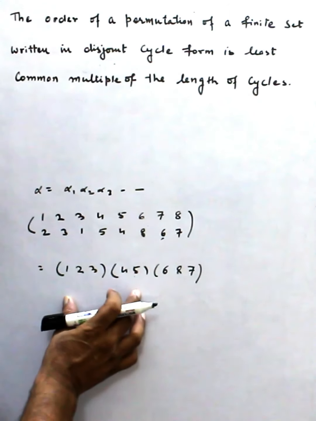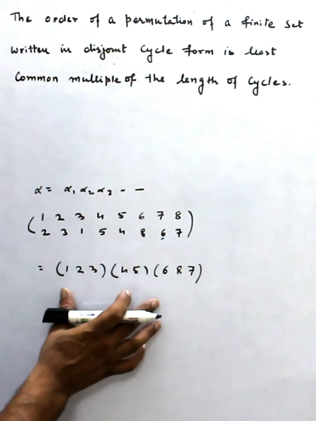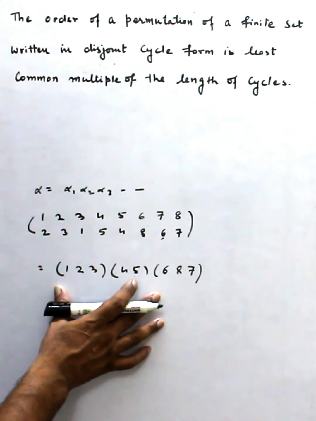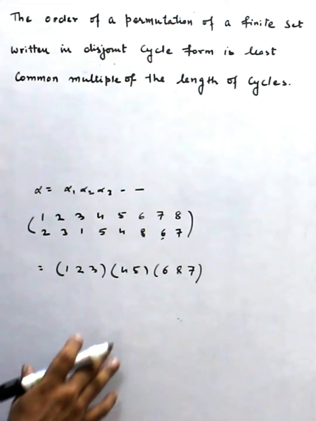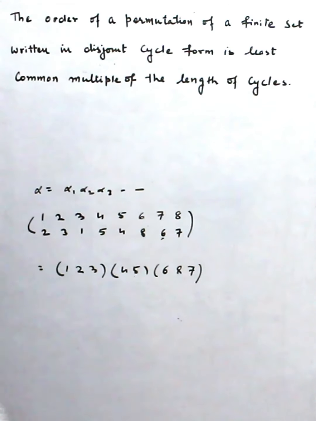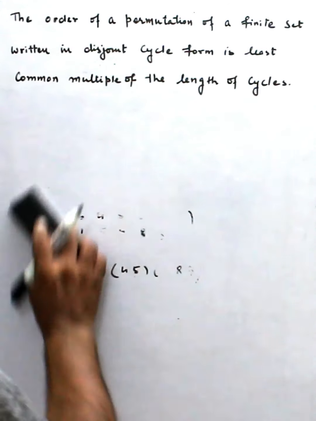So here this permutation is a product of 3 disjoint cycles. So a permutation can be a product of any number of cycles.